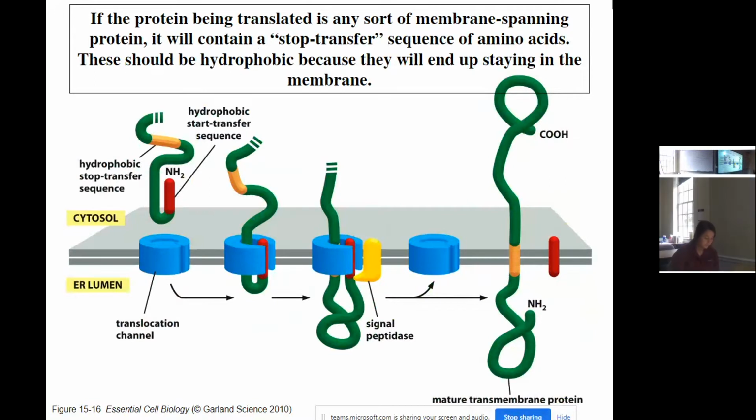So if this protein is supposed to go through a membrane and be membrane integral, any kind of membrane protein, any of those membranes that we talked about, like the cell membrane, vesicle membrane, ER membrane, Golgi membrane, it's going to have the ER signal sequence.